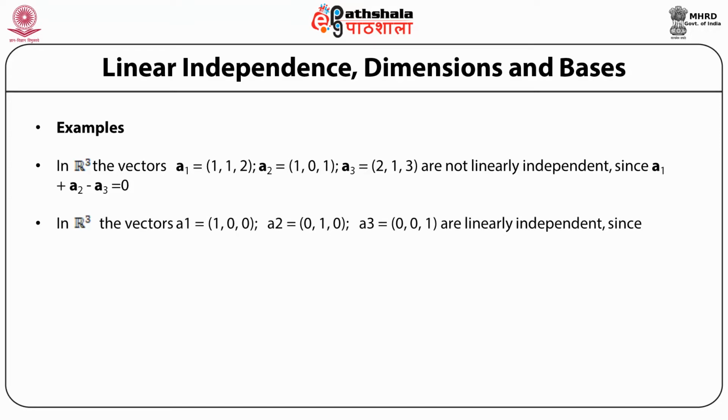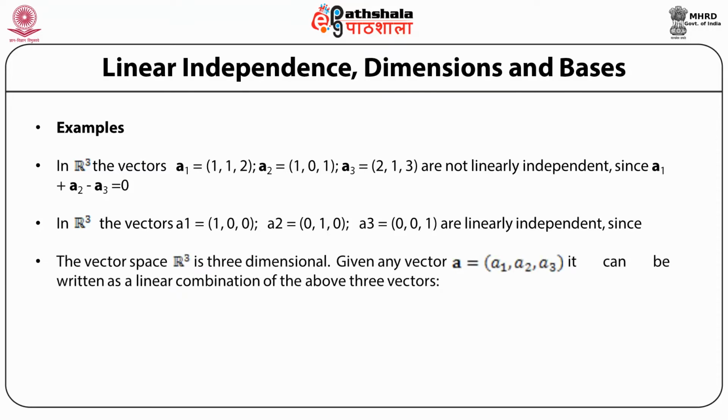Second, in R cube, the vectors a1 equals (1, 0, 0), a2 equals (0, 1, 0), a3 equals (0, 0, 1) are linearly independent, since k1 a1 plus k2 a2 plus k3 a3 equals (0, 0, 0), which implies k1 equals k2 equals k3 equals 0.